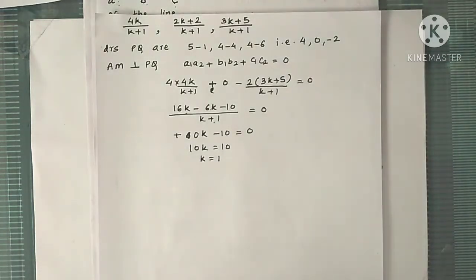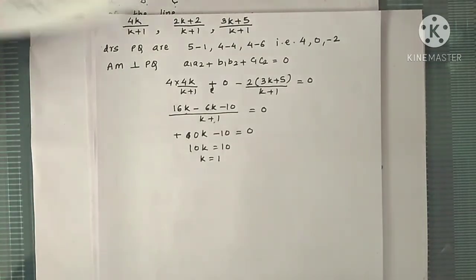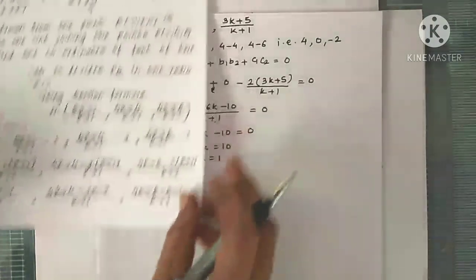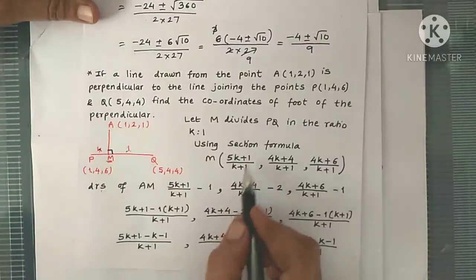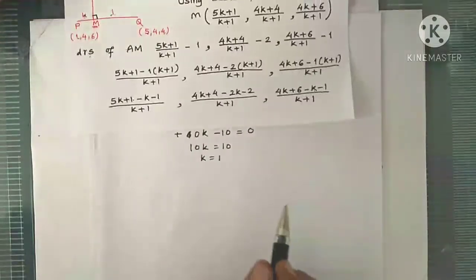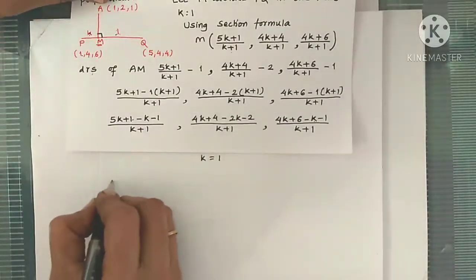So what is the meaning of k equal to 1? That means the ratio is 1:1. So what does that mean? That means the point M is the midpoint of PQ. So let's write the coordinates of M now. Coordinates of M are 5k plus 1 upon k plus 1, so we have to substitute k equal to 1.